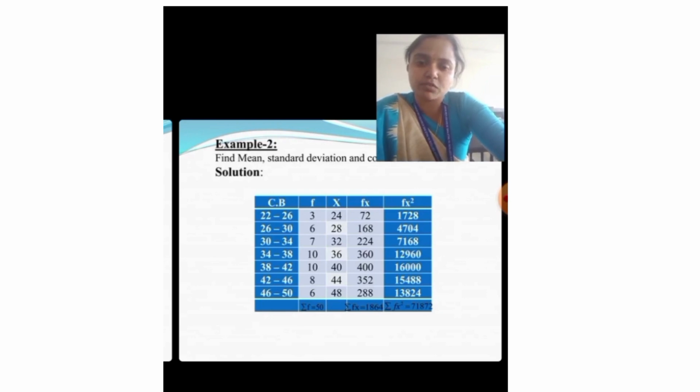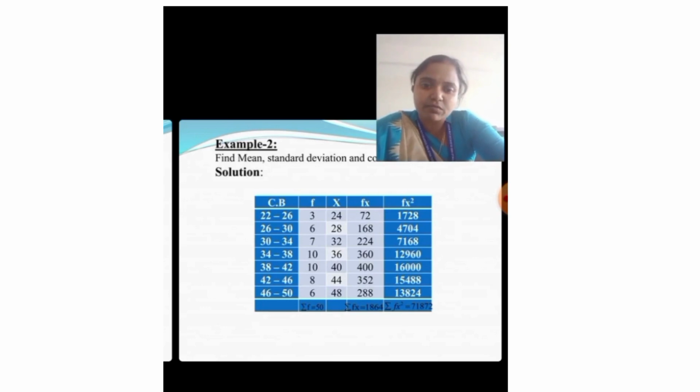Then we sum all these values, and summation f into x square is 71872.